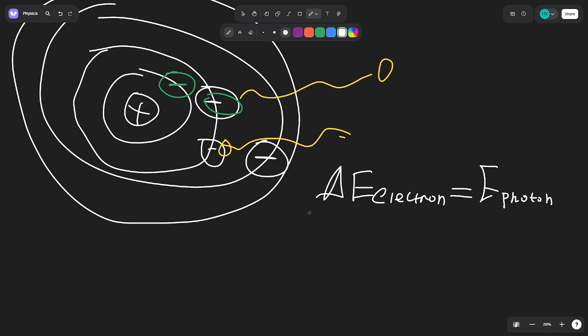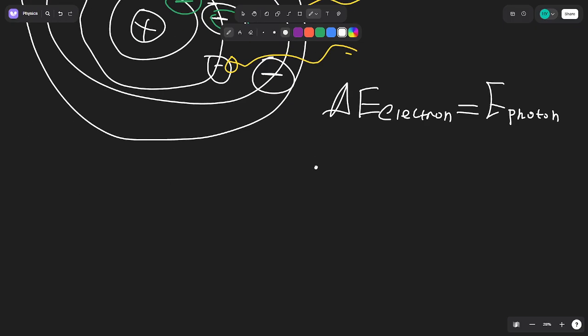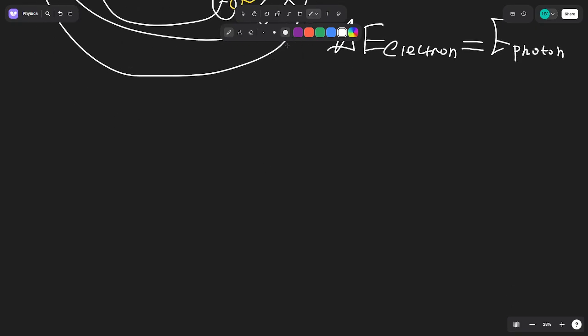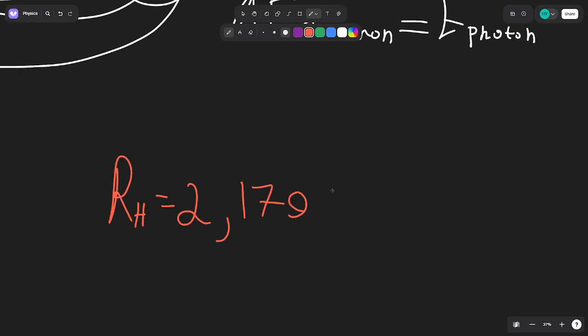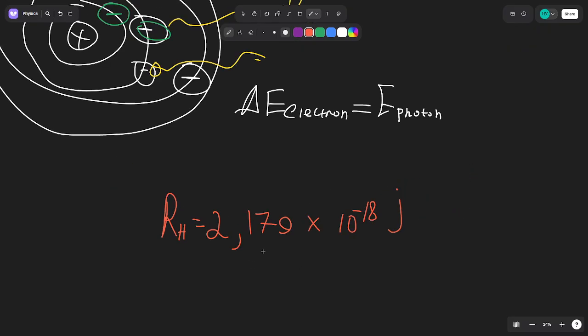And for the hydrogen atom, the energy levels depend on the Rydberg constant. And this constant looks like this: 2.179 times 10 to the negative 18 joules.